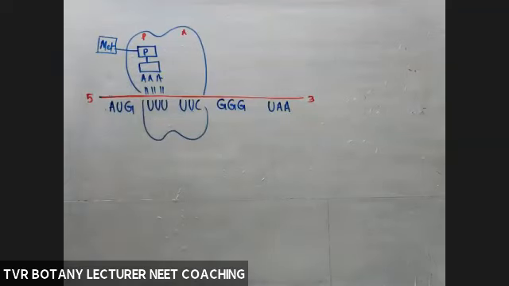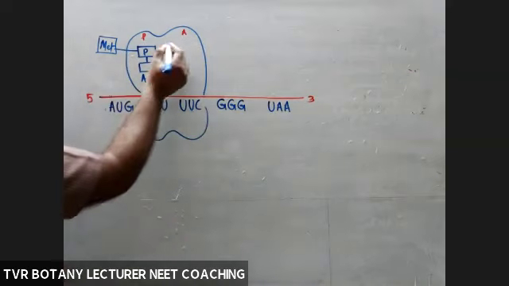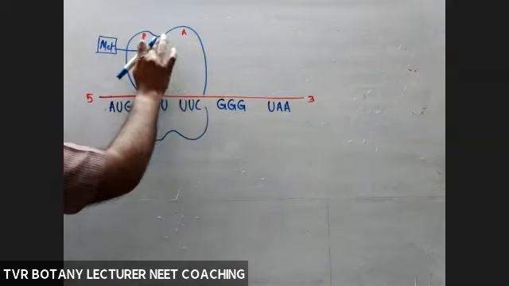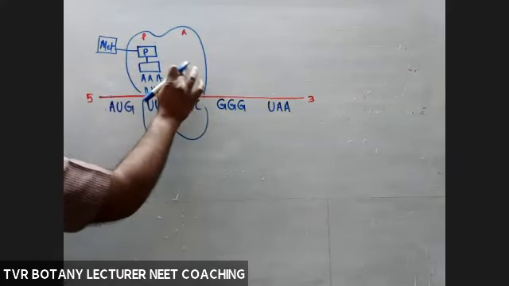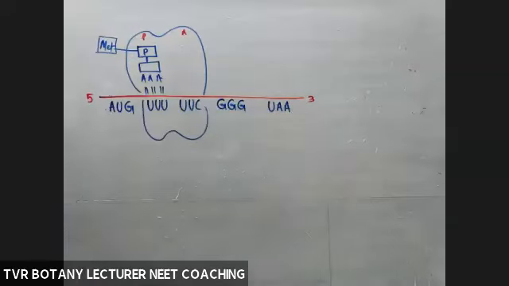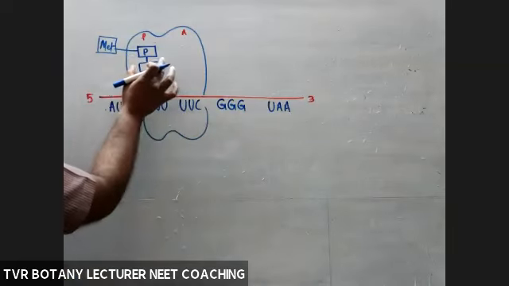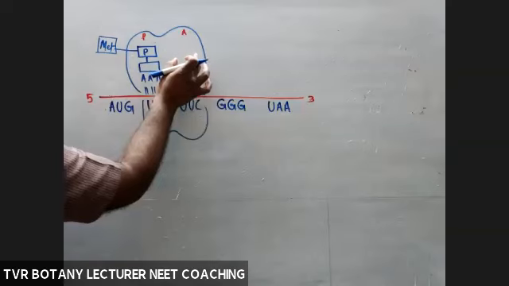Methionine. So what happened here? Shifting of the tRNA present in the A site to the P site. Shifted or not? Shifting completed. So that shifting of the amino acid tRNA, meaning peptidyl tRNA, from the A site to the P site. Initially, what about the location of the second amino acid tRNA within the A site?